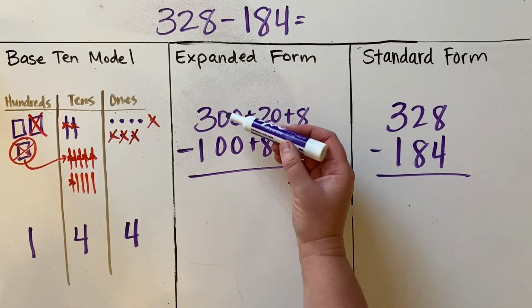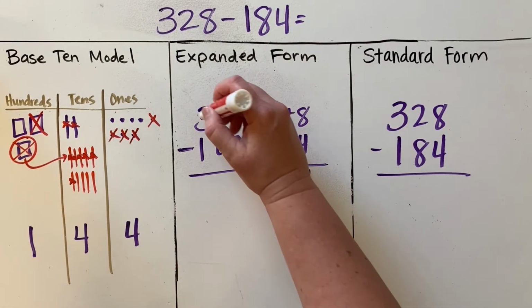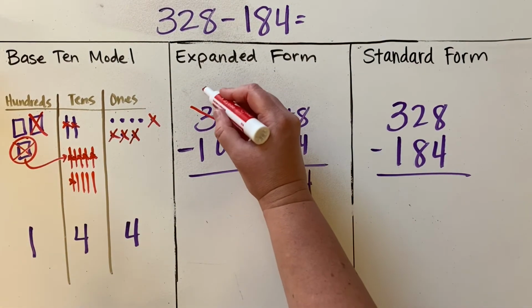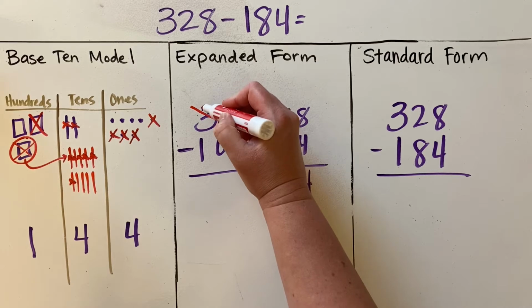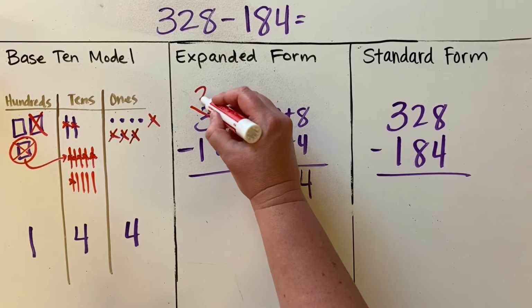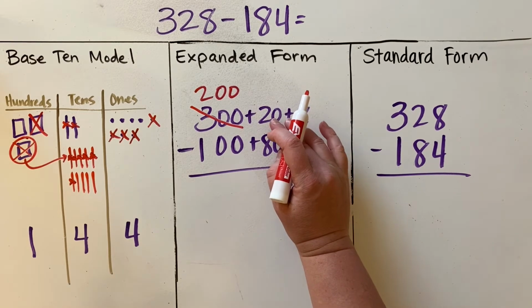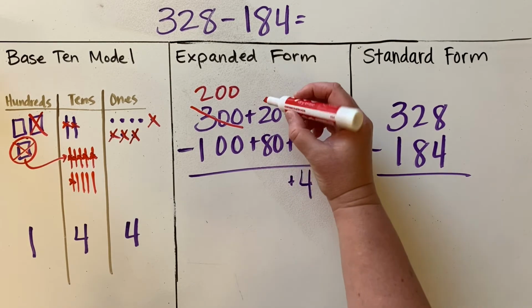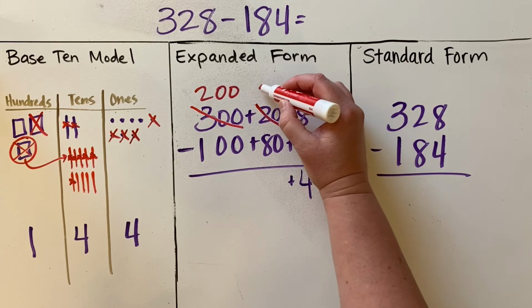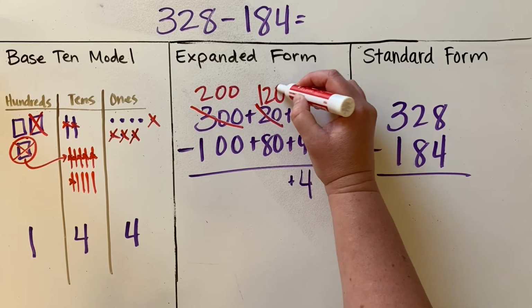And so again, I go over to my next place value and decompose 100. So rather than there being 300, I'm going to take 100 out, and I'm going to give it to the next place value, which is our tens. So instead of just 2 tens, I now have 12 tens, which is 120.